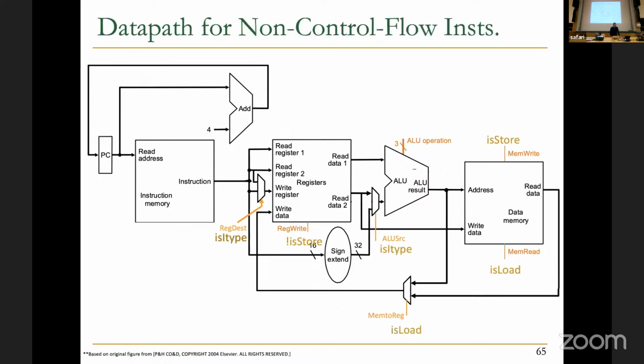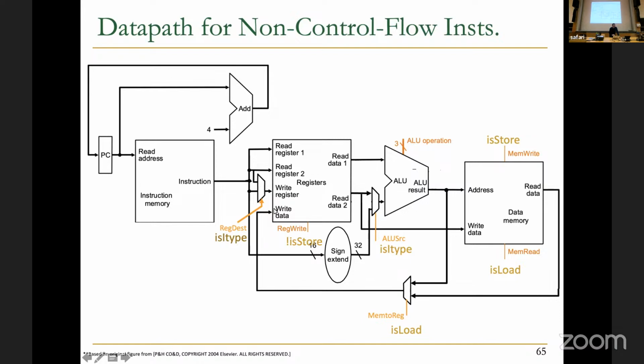If you really want to do load, store, and all of the R-type instructions that we studied so far, you need to add this multiplexer also, as we discussed, right? Because load instructions read the data from a memory location and write it to a destination register. But R-type add or I-type add instructions take the ALU result and write it to a destination register.